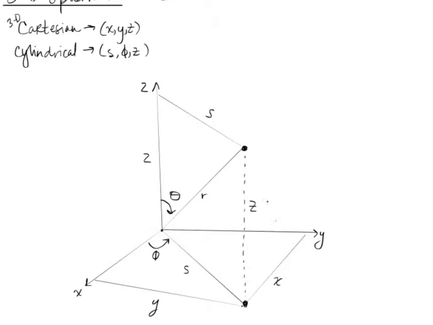And so we can begin to form some relationships if we recall some of the other coordinate systems. So remember, in Cartesian we called this x, y, and z. So it had x, y, and z components. This is your x, this is your y, and this is your z.